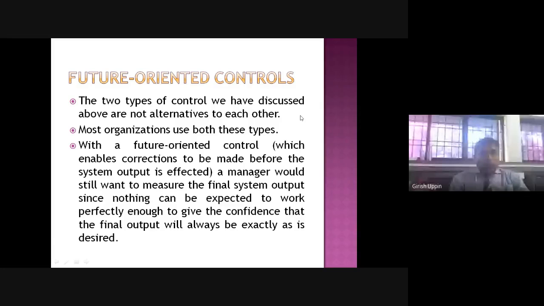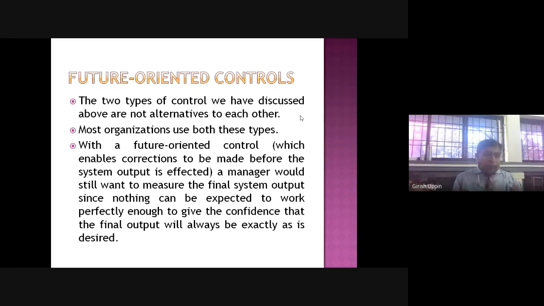Okay, and these two types are not alternatives to each other. Means what? Both are not individual alternatives. If one is present, that doesn't mean the other is not required. Most organizations will have both kinds of controls. One is future oriented. They will check at various stages to make sure the end result is correct.